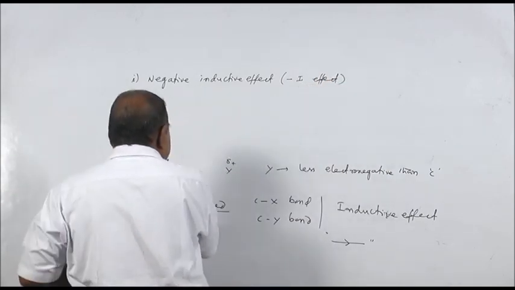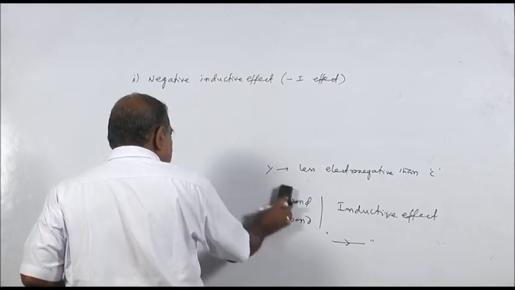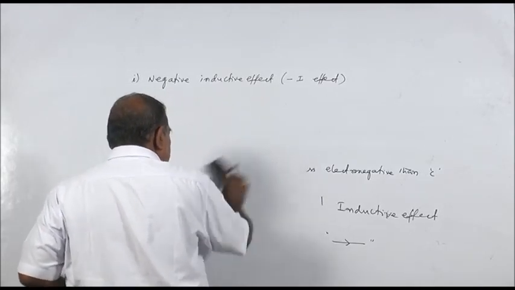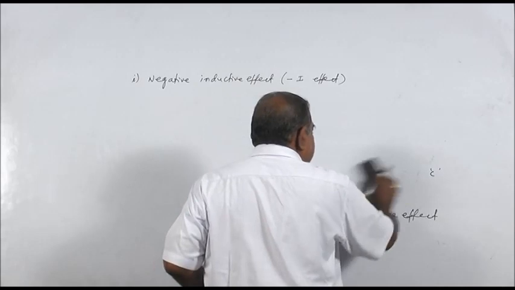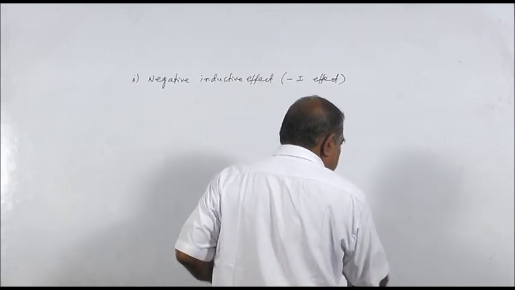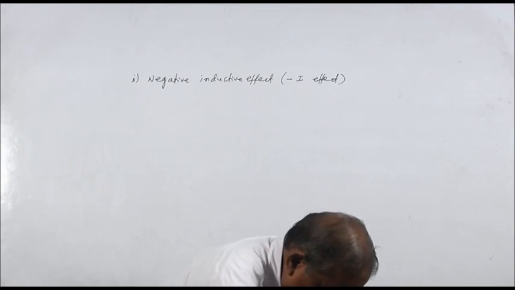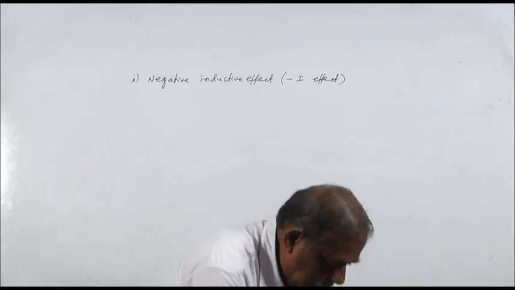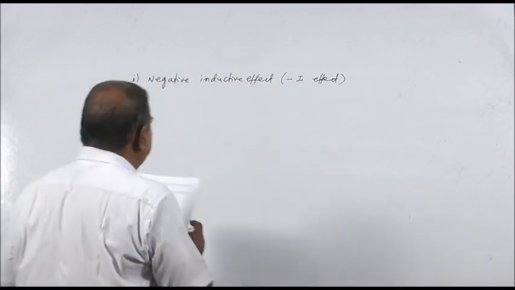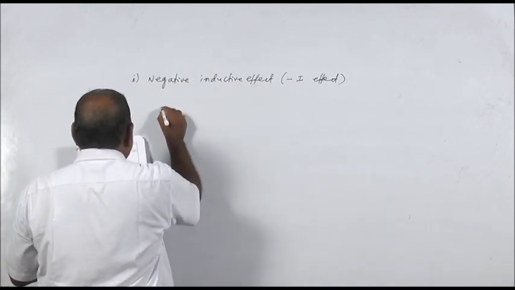Now there are some atoms or groups which withdraw electrons from carbon towards it. Their relative order I am writing.